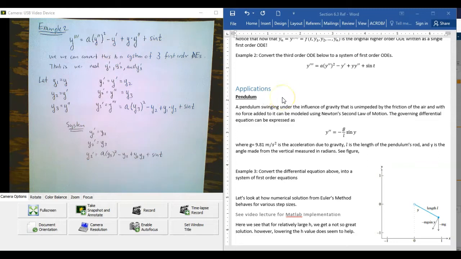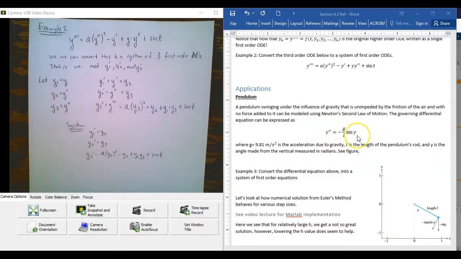So a pendulum swinging under the influence of gravity, unimpeded by friction of the air and with no force added to it, can be modeled using Newton's second law of motion. And through some analysis of this equation with Newton's equation for force, the governing differential equation can be derived to be this. We won't go through the derivation of it.